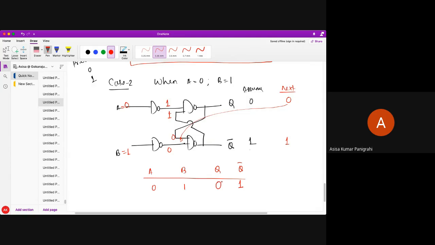What is the meaning of it? Q equal to 0 means it resets the output, the reset state of the flip-flop, the reset state of the memory element. Whatever it previously had, it will just reset to 0. Are you all understanding, students, or any doubt? Please let me know. Reset means it will make the output 0. So this is my case number 2.